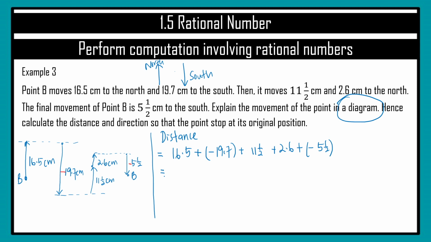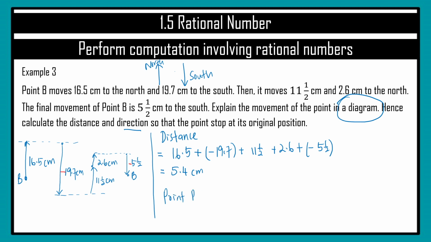Have you calculated the answer? Alright, you should be able to get 5.4 centimeter. So 5.4 is a positive number. So it says the direction, and because it's positive, I'm going to give the direction as north. Let me arrange this sentence again.